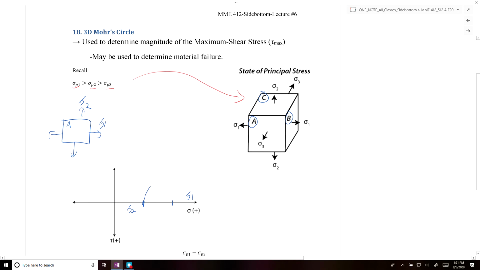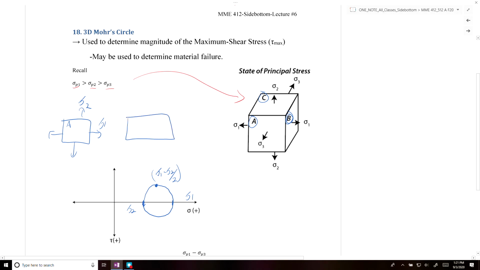The maximum shear stress would be equal to sigma 1 minus sigma 2 divided by 2. And we can repeat this process for our second element, element B.